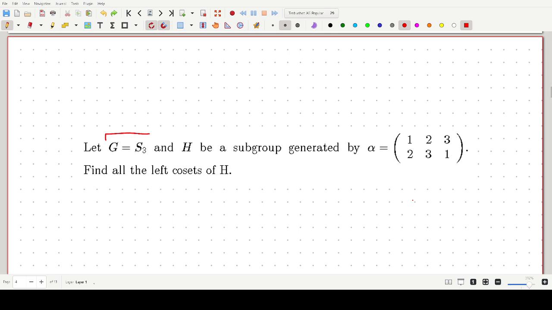So it is given that our set is the set of all permutations and the operation is a combination of those permutations. So our S3 is a group of permutations of three objects.